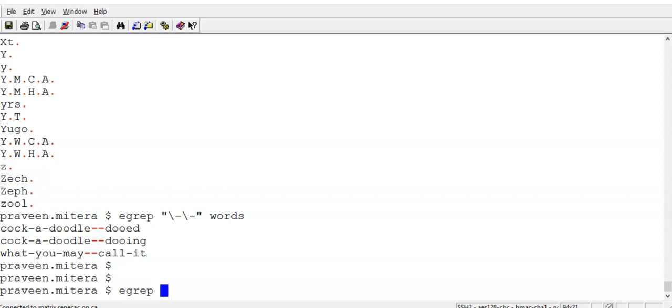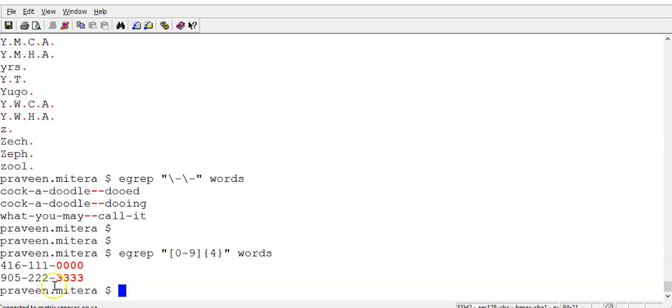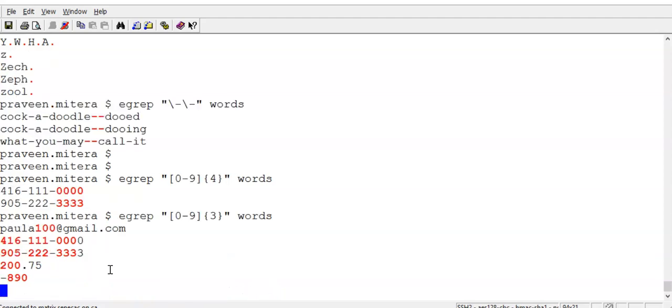So we've got egrep, we're looking for a number, and we want a minimum of 4 numbers perhaps. So there's only 2 lines where it finds a minimum of 4 numbers, one next to the other. If I said 3 numbers, then it'll find all of these because this is the minimum.